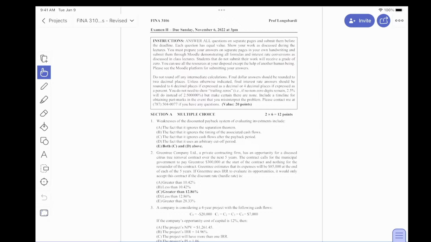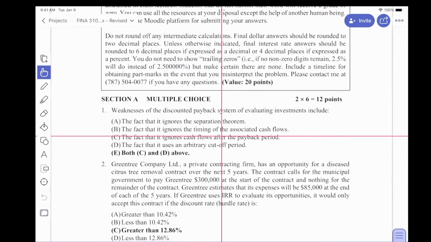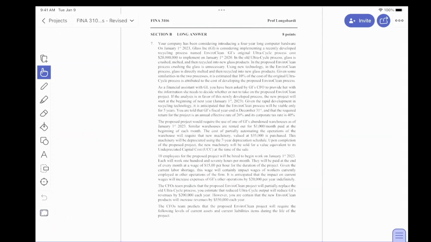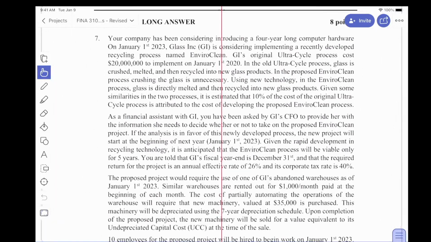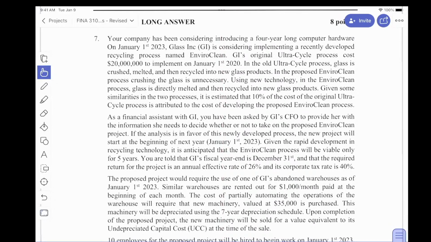All right, so I wanted to look at, can you see? It looks a bit blurry. So at the end of this, this is on the platform in Moodle.